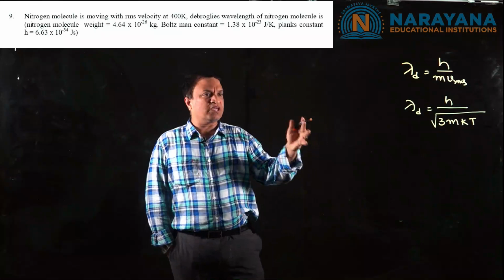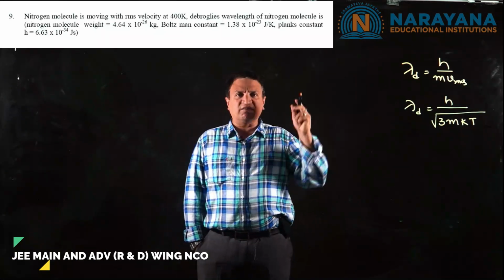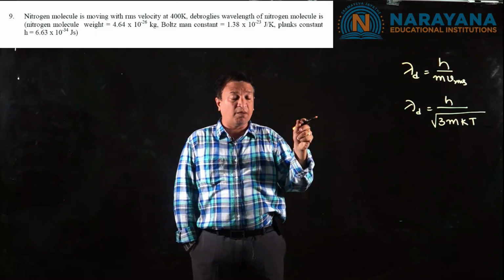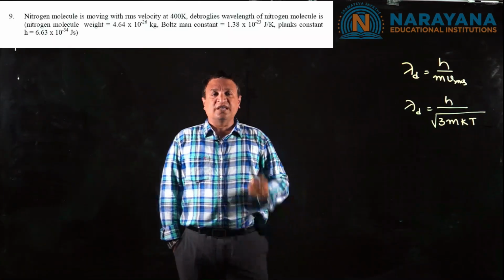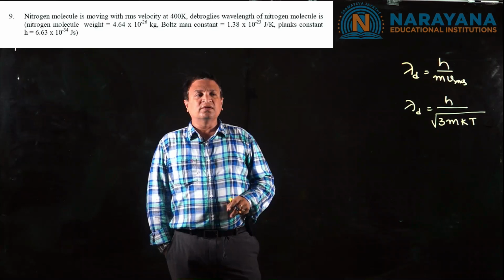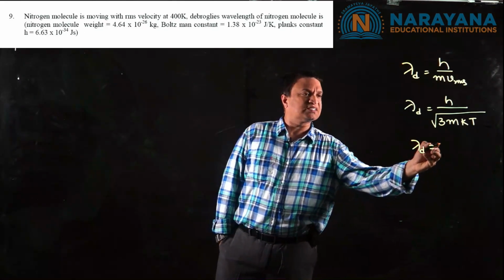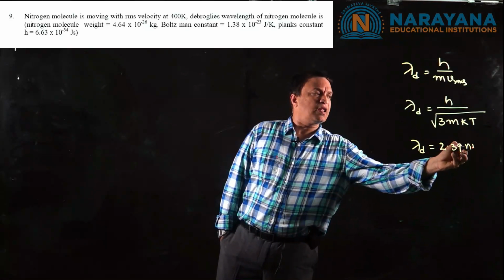By substituting, they have given the value of h, they have given the value of k, they have given the value of temperature in Kelvin. Remember, h, m, k, T, four substitutions, calculation under square root. So my answer to this is somewhere around 2.39 nanometer.